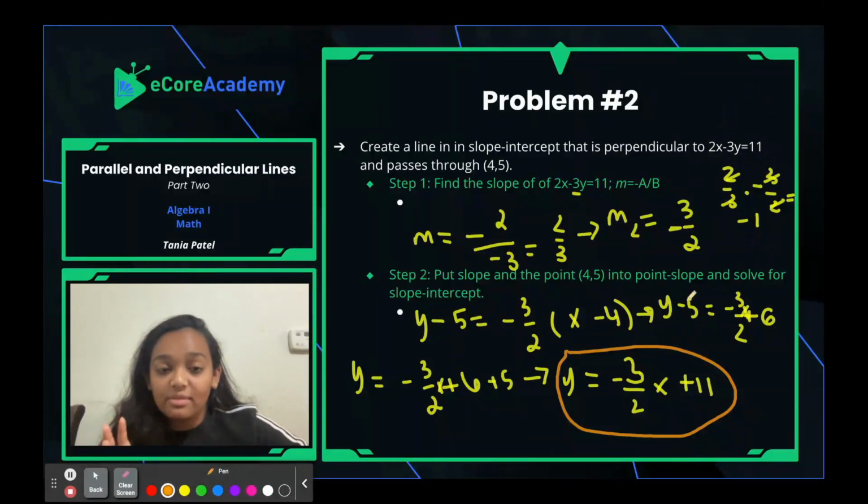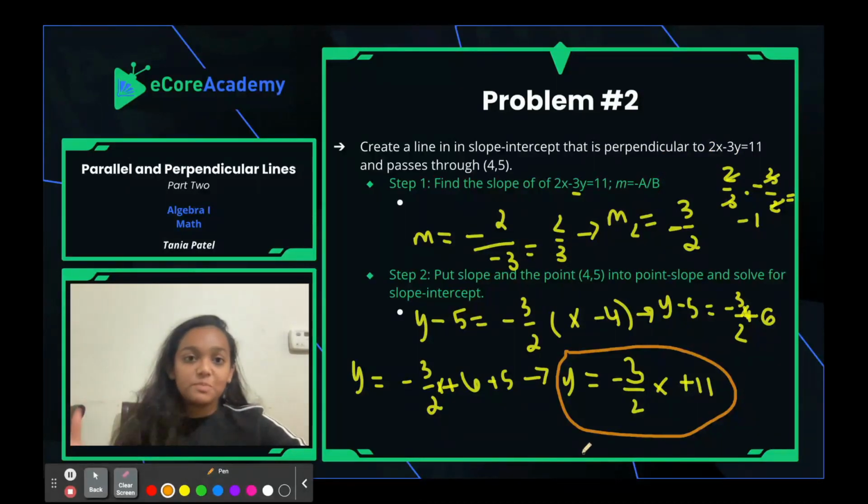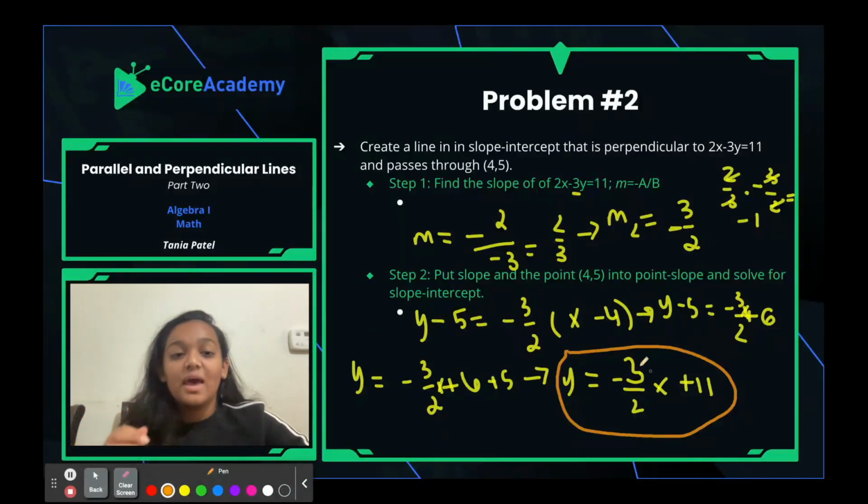Another way to double check this is we know that the m value for this equation over here was 2/3, correct? And when the new equation was put into slope-intercept form, we already know that the slope-intercept form is y equals mx plus b. We already know where the m is, and in this case, it's the -3 over 2.